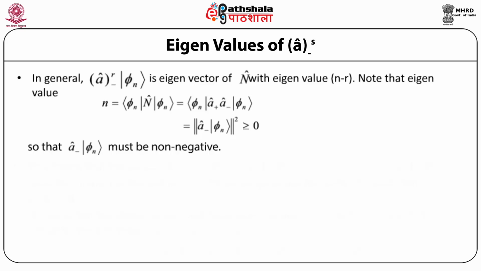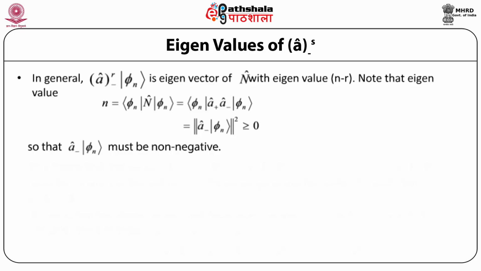times. Now, from the relation that we have derived for the lowering operator acting on the eigenvector, we can generalize that relation to a situation where the lowering operator is acting on the eigenvector, let's say r times, where r is some number which is less than n.